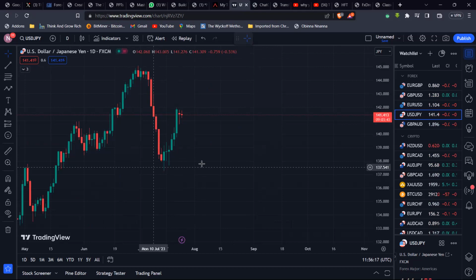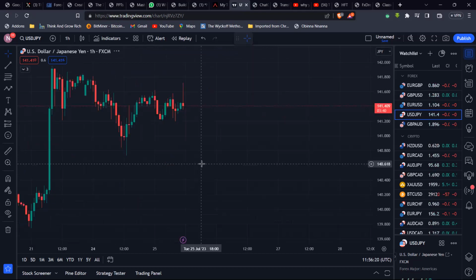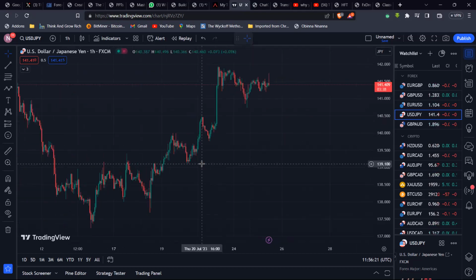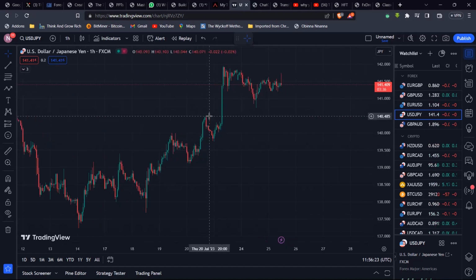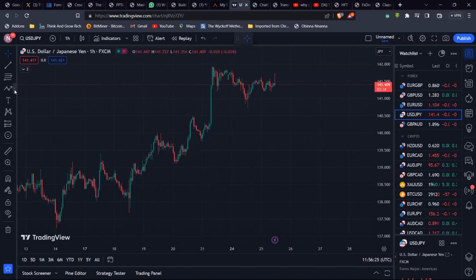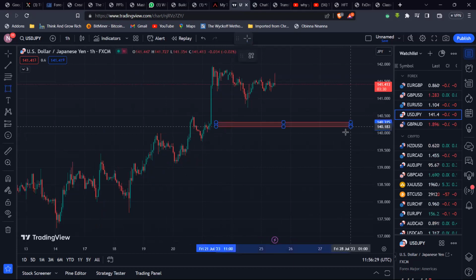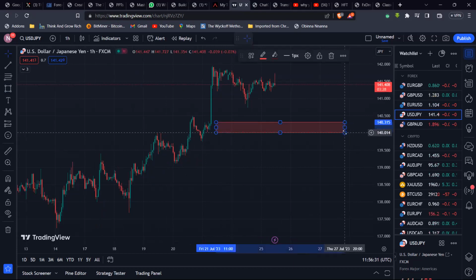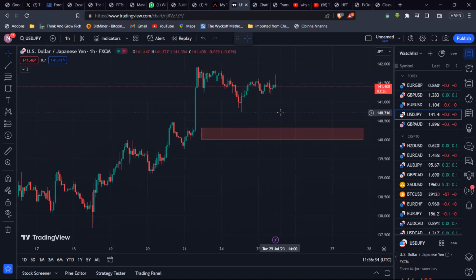But for now, the idea on this one is to maybe look for the 1 hour structure to trade, looking for buys. I think I sent out on the Telegram channel we're looking for possibly price to pull back into this region and then look for that buy. There's no guarantee price will do that, but if it does, that's an area I will be interested in looking for buy opportunity within.